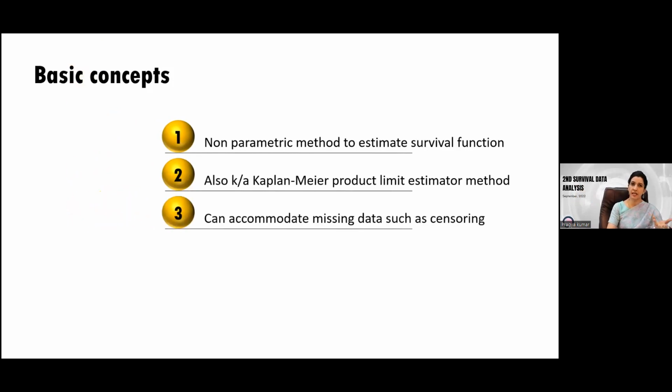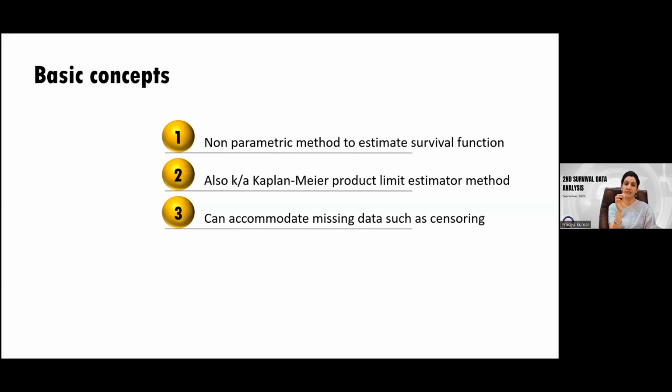And this can accommodate missing data. That is the difference between the life table and the Kaplan-Meier, because in the life table we take a period. We don't include the exact survival time of the person. So we are not calculating the instantaneous survival, rather we calculate the survival for the whole duration.